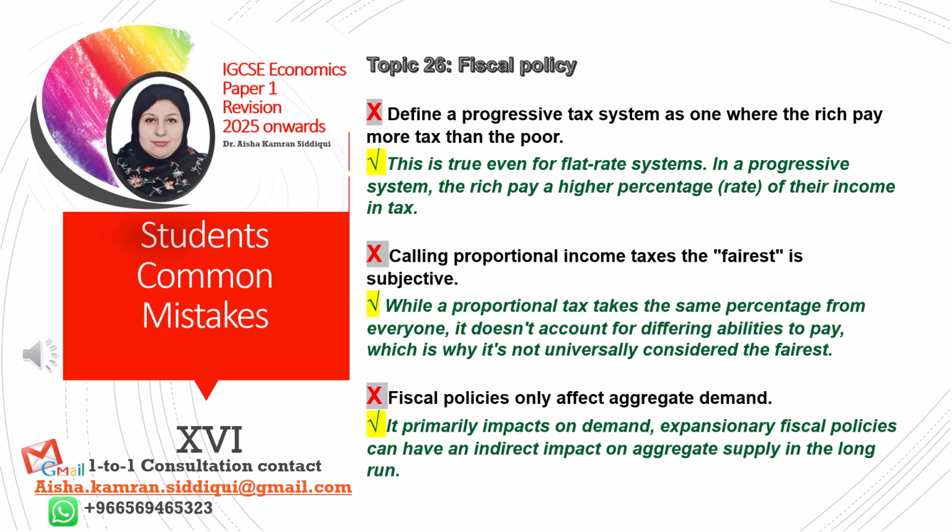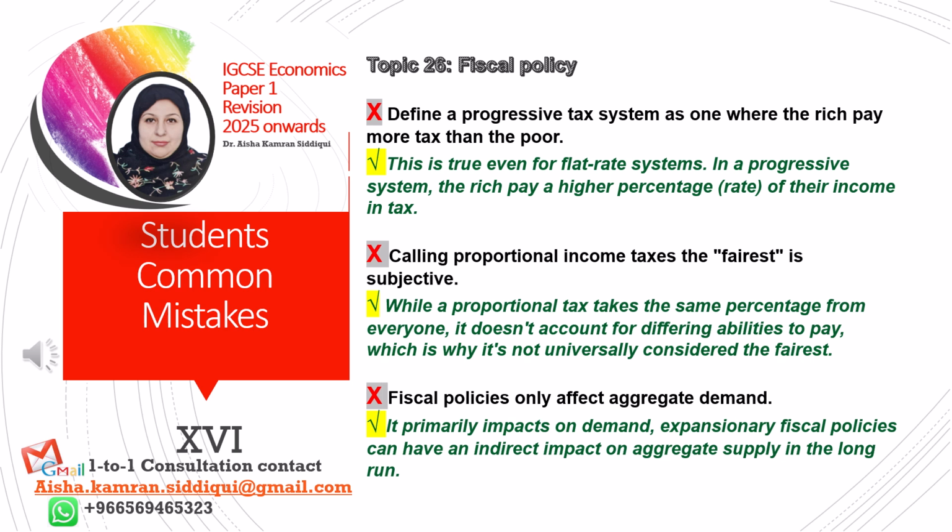Topic number 26, the fiscal policy. So defining a progressive tax system as one where the rich pay more tax than the poor is incorrect. It must be noted that this is true even for a flat rate system. In a progressive system, the rich pay a higher percentage rate of their income in tax.